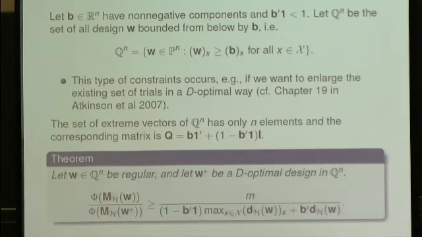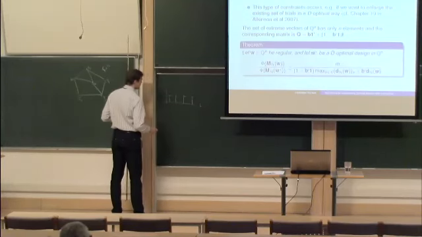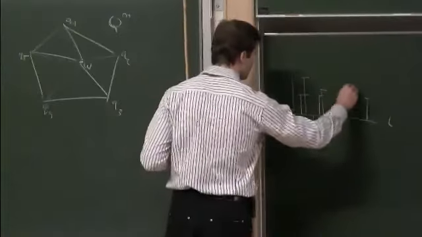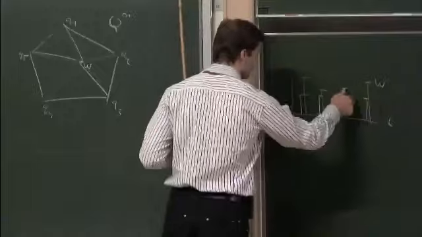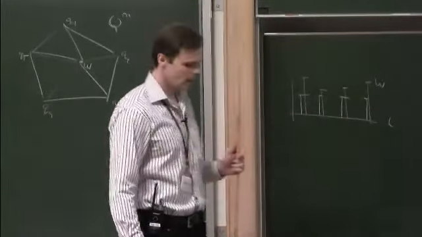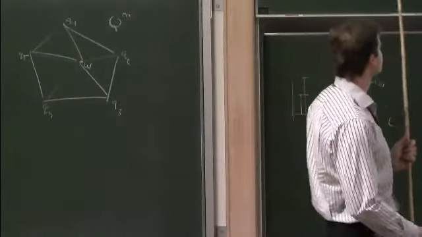That is, the vector b might be composed of, say, lower bounds, and any permissible design needs to assign a weight at each component that is at least as large as the corresponding component of the vector b.